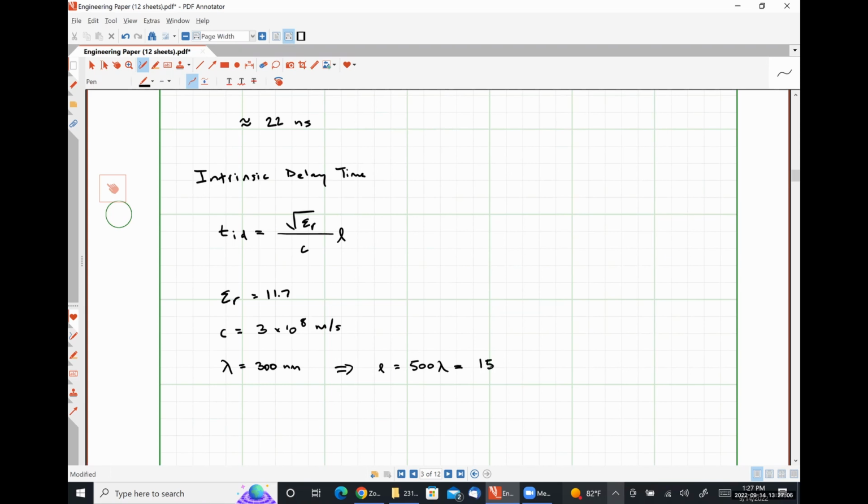Three times 5 is 15, and then I have 0, 0, and then another 0, 0, and then I have nanometers. So that would be 150,000 nanometers, which is the same as 0.15 millimeters. So throw these numbers together in your calculator and tell me what the intrinsic delay time for this should be.